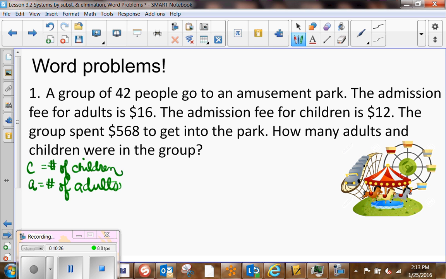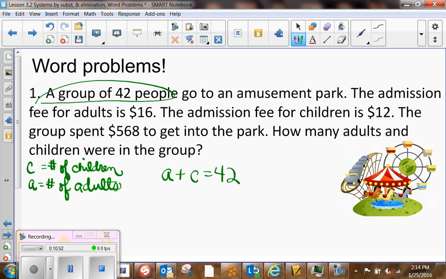All right, so let's read the first sentence. A group of 42 people go. Wait a minute. If C is how many children went, A is how many adults went, what can I do with that to come up with 42 total? Add them together. Yeah. A plus C, adults plus children equals 42. That's one of my equations. I call that my quantity equation.